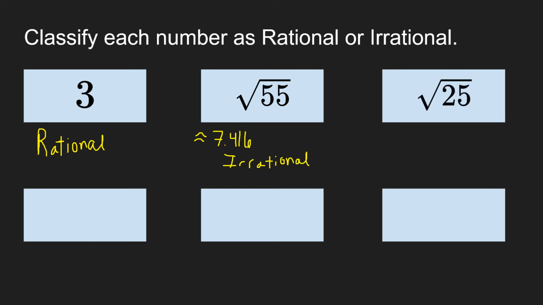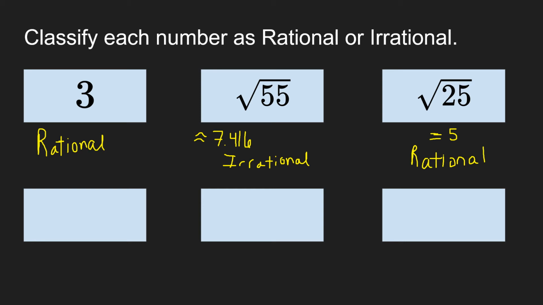Our next example is the square root of 25. Whenever we plug it into our calculator, we actually get 5 as the answer, which is an integer. So the square root of 25 is actually a rational number. And the reason is that the square root of what's called a perfect square gives us an integer value.